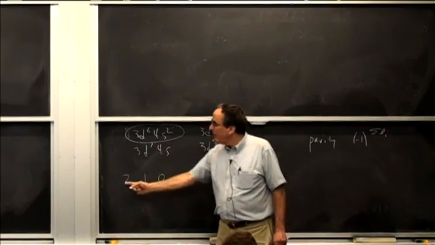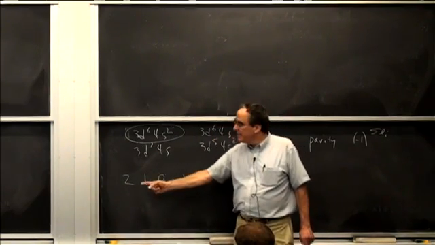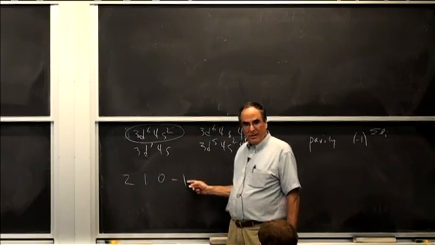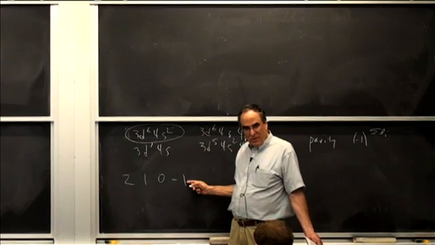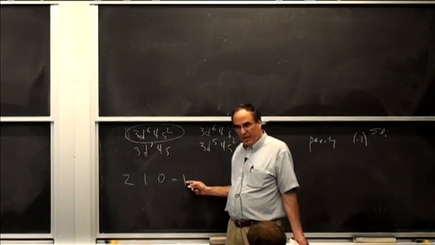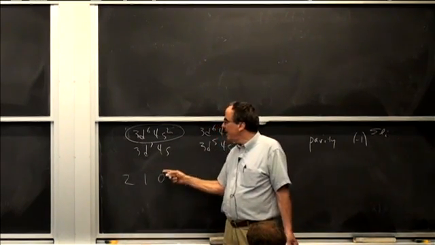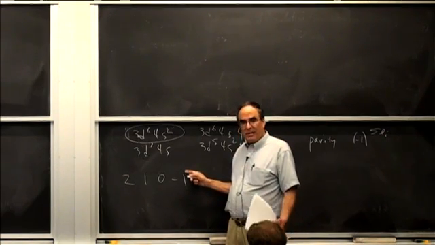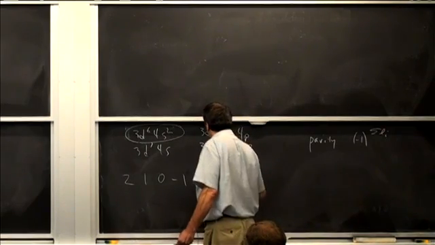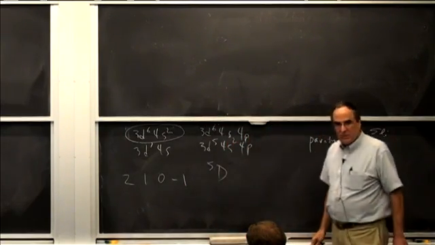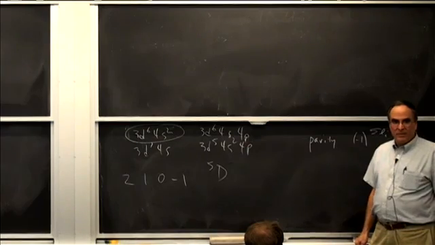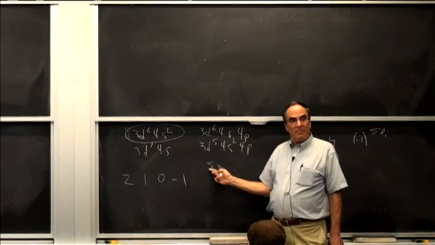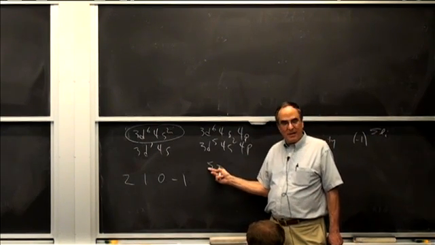And so this will make a quintet delta state, a quintet D state. 2 plus 1 minus 1 is 2. So that's the maximum M sub L. 1/2 plus a half plus a half plus a half is 2. That means S is 2, and that's quintet. So we have a quintet D state that's going to be the ground state of that configuration. Why did I say it's a ground state? Because it's got the largest possible spin.